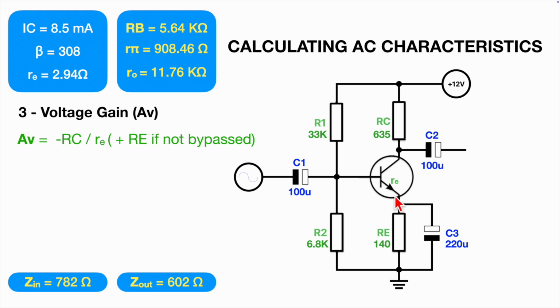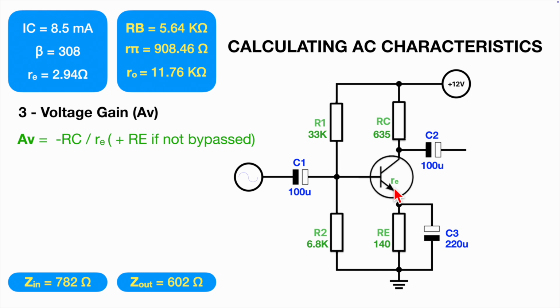So, if we weren't bypassing this resistor with this capacitor, if this capacitor wasn't there at all, in reality, not just shorting it out or anything, if it just wasn't there, then actually you could pretty much approximate the voltage gain just by dividing this resistor by this resistor, because R sub E is so small, it didn't really make a lot of difference.